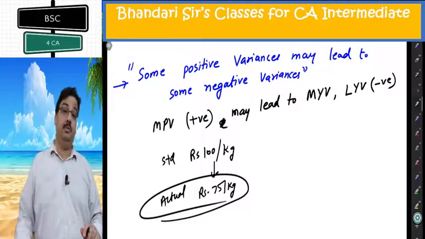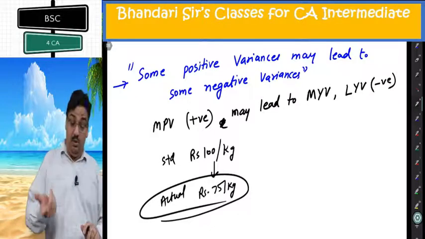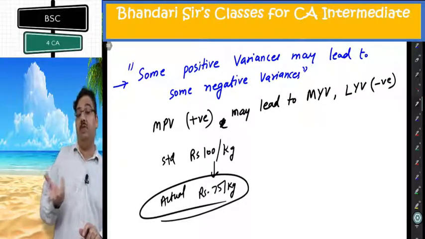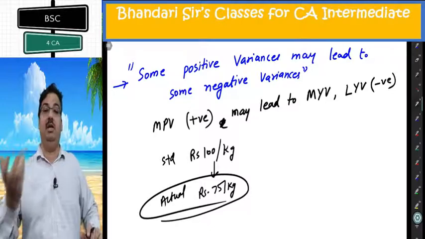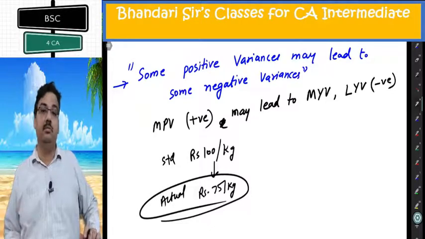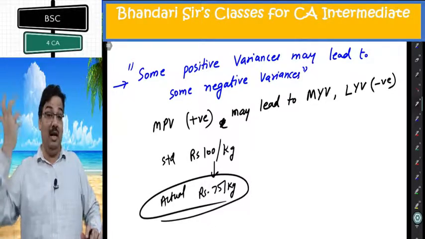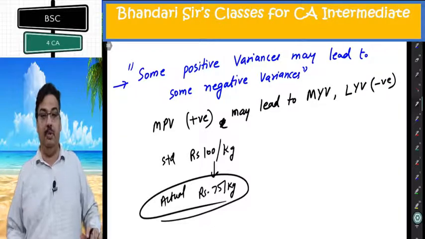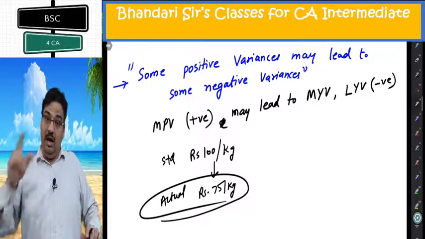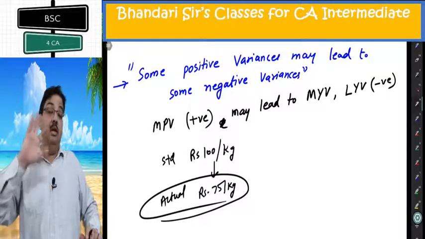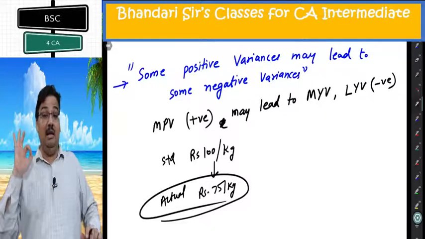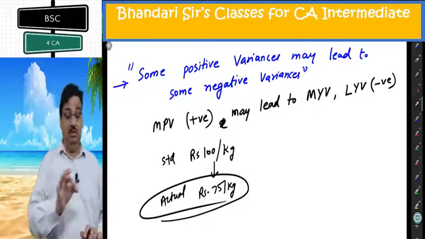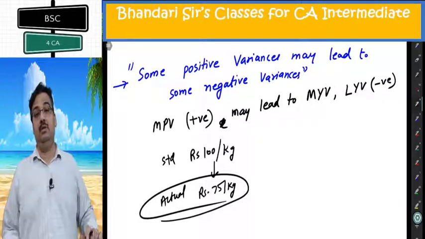Negative variance there also. So what I am trying to say, only giving a positive variance does not mean that the purchase manager should be promoted for that or should start getting a bonus for that. You have to see the overall impact. He bought some negative quality material which impacted the yield variances.